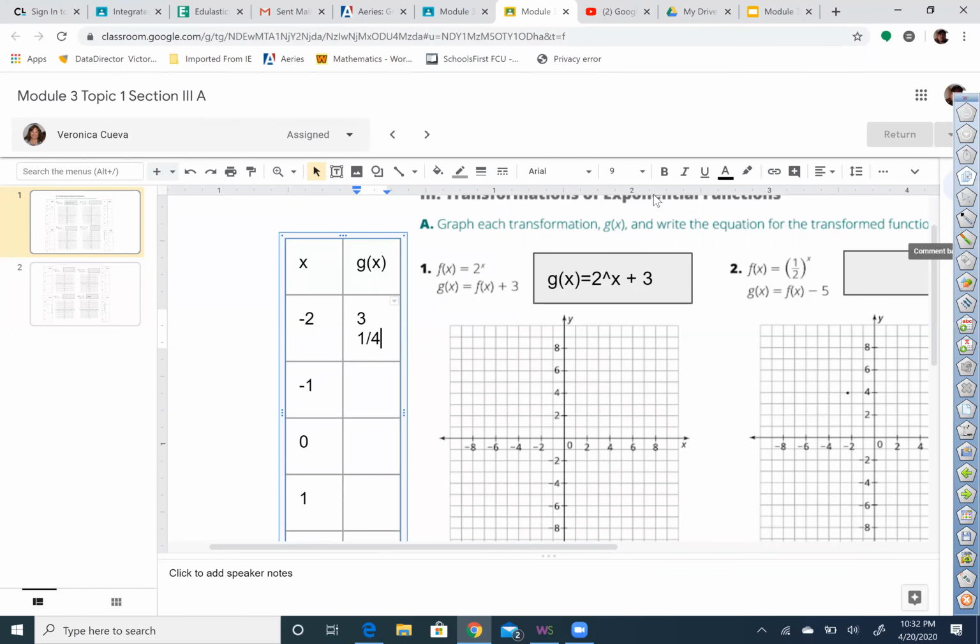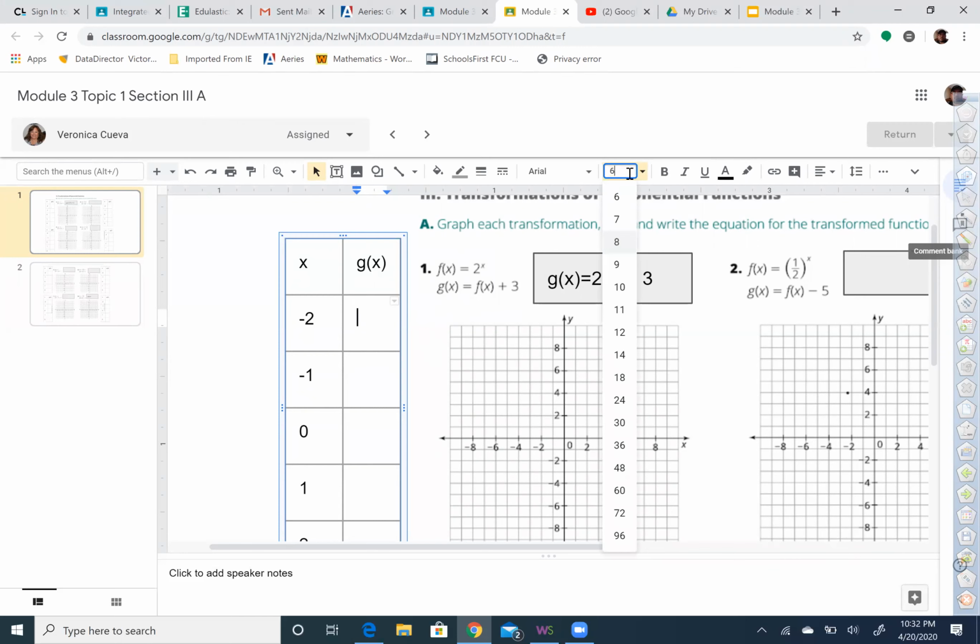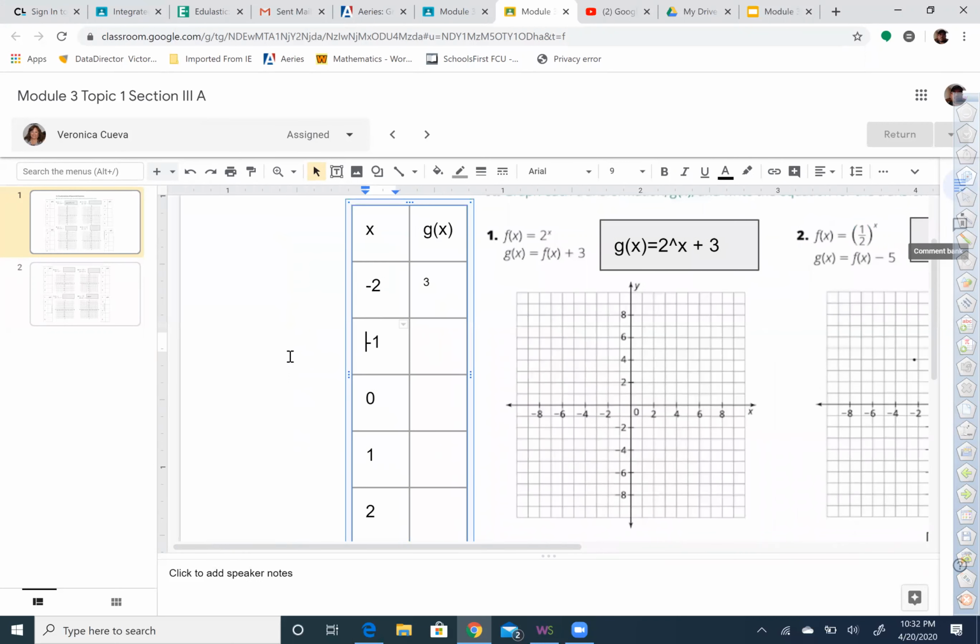Let me make this a little bit smaller so the fraction will fit there. Okay, so we try 8. Does 8 work? Nope. Let's try 6. So 3 and 1/4. There we go.